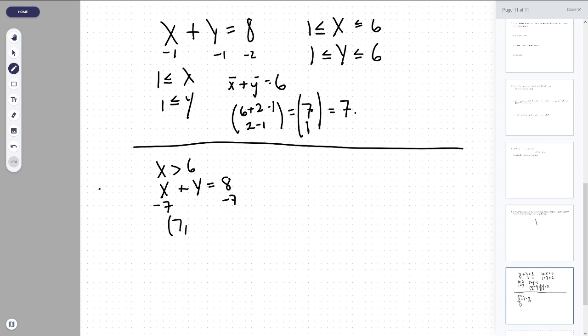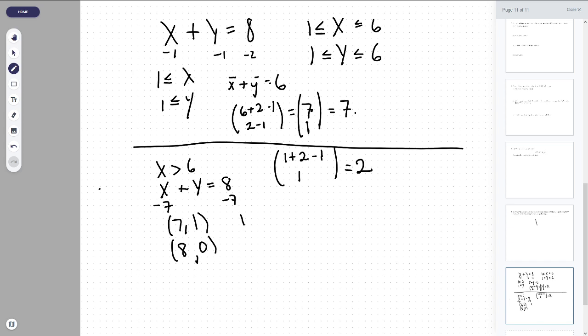Either x is equal to 7 and y is equal to 1, or x is equal to 8 and y is equal to 0. So those are the two possibilities. And we're going to see that here anyway, because we're going to get 1 plus 2 minus 1, so that'll be 2 choose 1, which is 2 solutions.